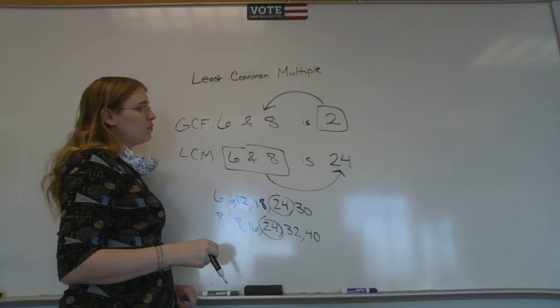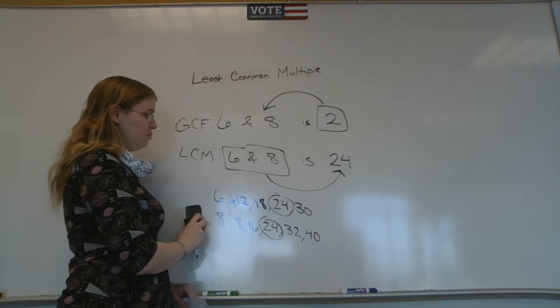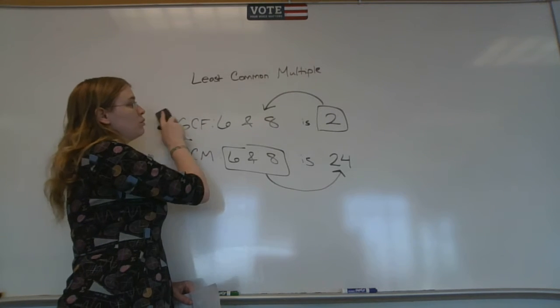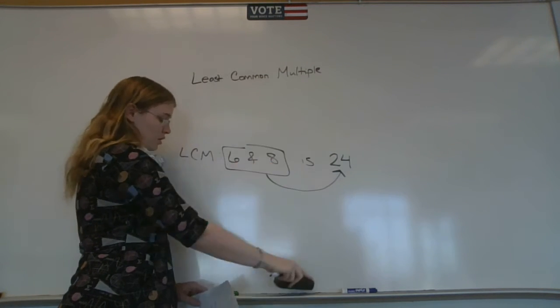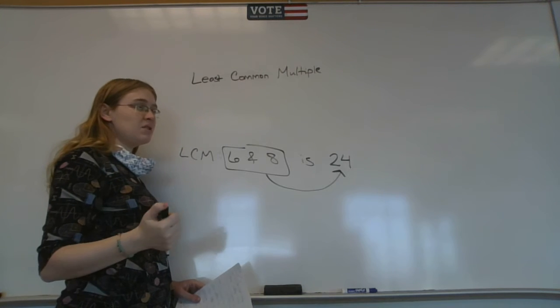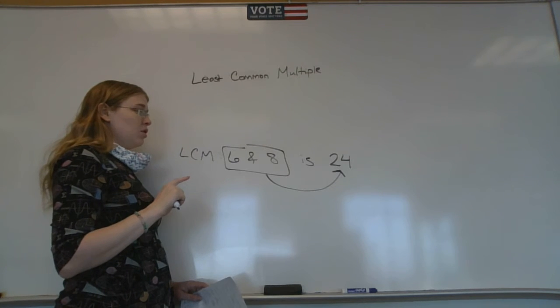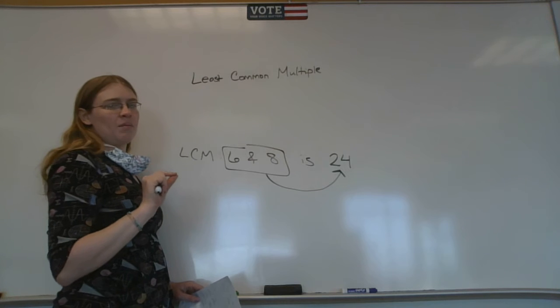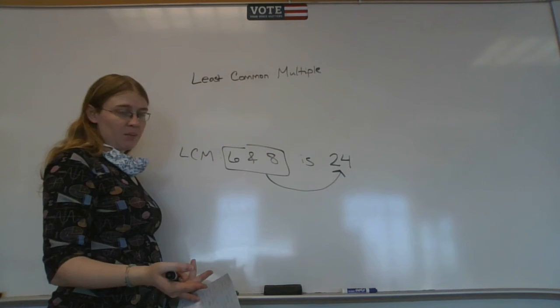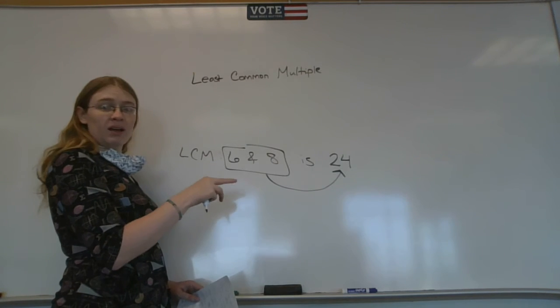So let's continue. So we're talking about least common multiple. Sometimes, here's the thing, you can always find a common multiple, some number that they both go into, by just multiplying them together.